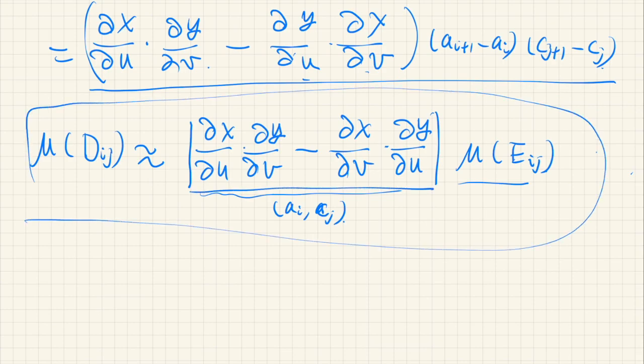And this is the absolute value of the Jacobian determinant. So this is equal to the absolute value of the Jacobian at ai, cj, times mu of Eij.